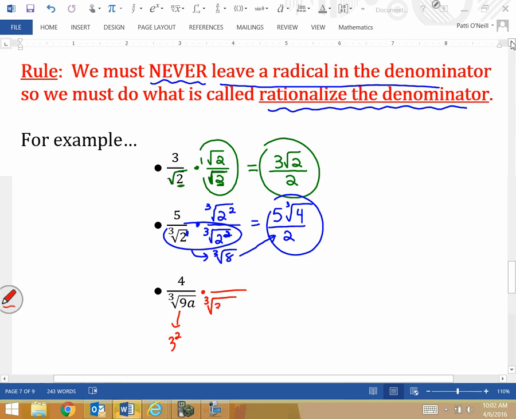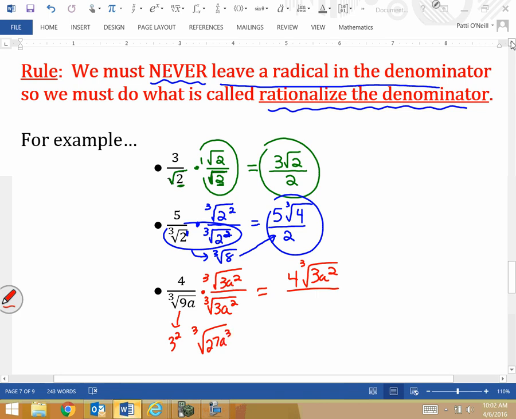I need 1 more power of 3 to match the index, and I need 2 more powers of a to match the index. So that's going to leave me multiplying by the cube root of 3a squared over the cube root of 3a squared, which will yield an answer of 4 times the cube root of 3a squared over, now this is going to turn into the cube root of 27a cubed.